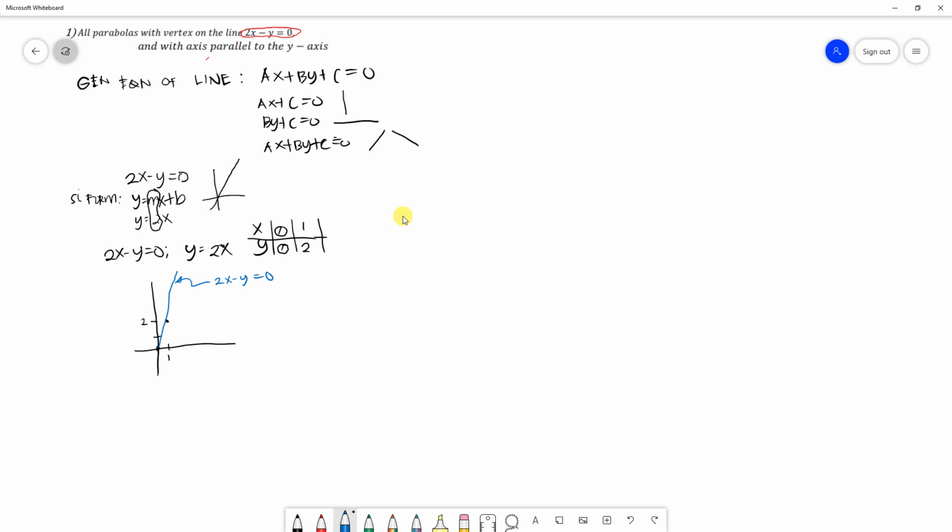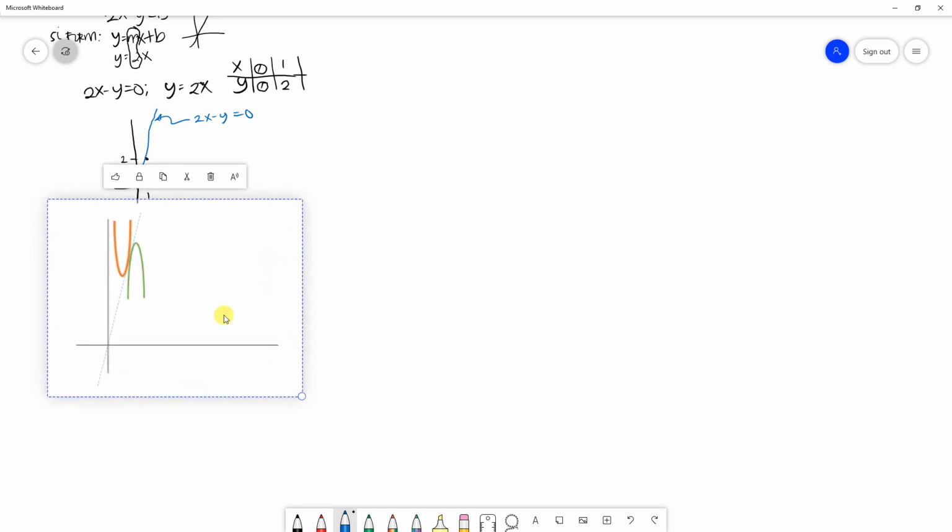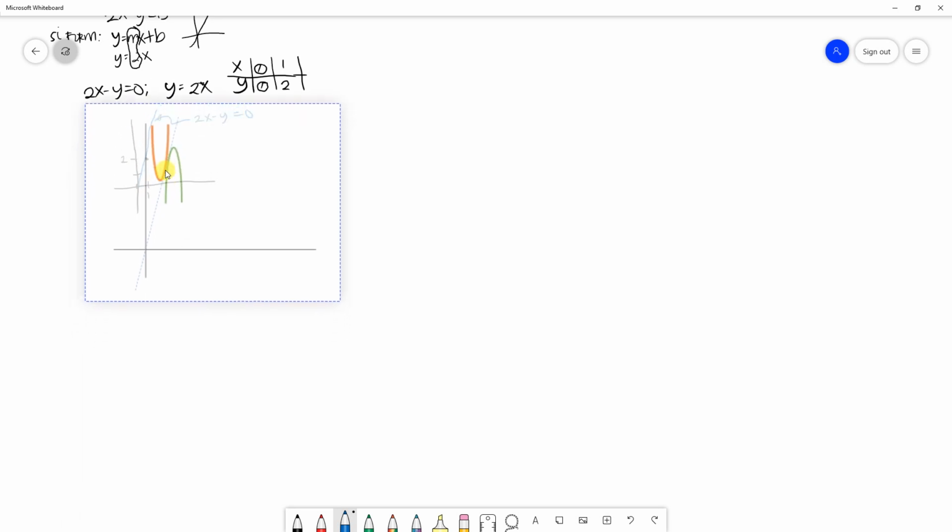Okay? So to make the figure clear, so we have a figure. Okay, so here it is. To make it clearer, let's say this is my x equal to 1 and this is my y equal to 2.